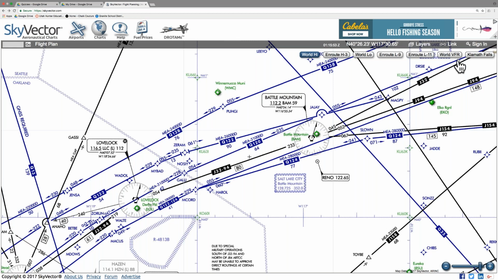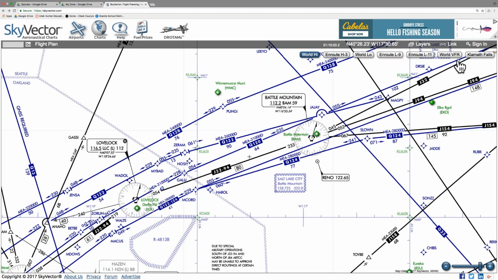Cool. So let me show you what those look like on the charts here. Let's see if we can find this one really quick. Should be able to. Let's go to the low chart. So non-directional beacon is not as mainstream these days. In fact, I think it's kind of a dying form.